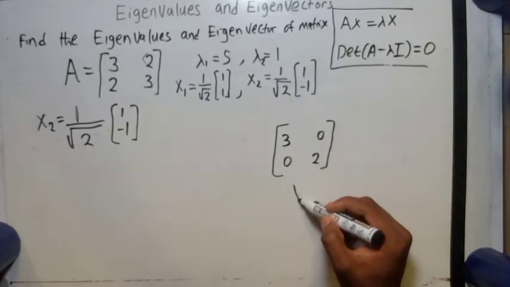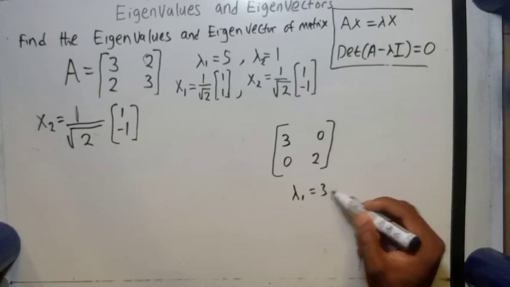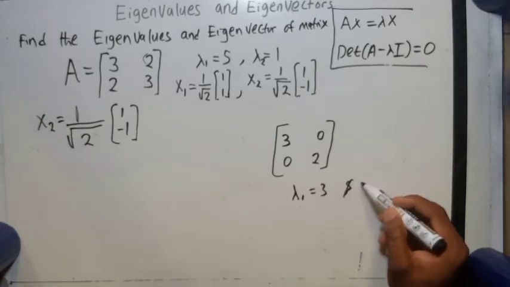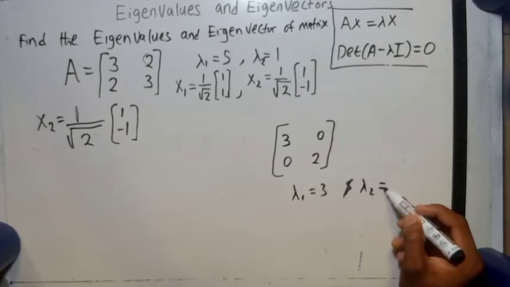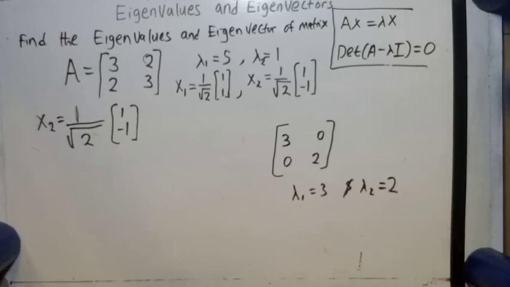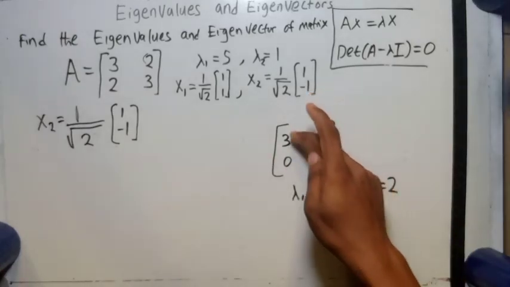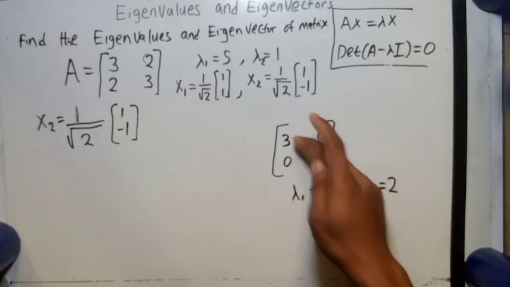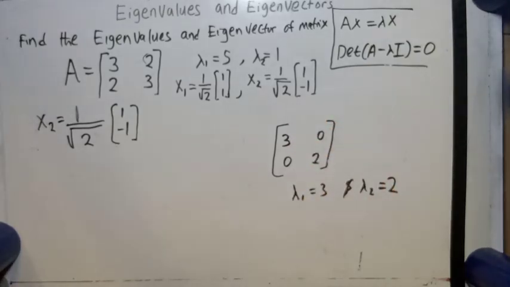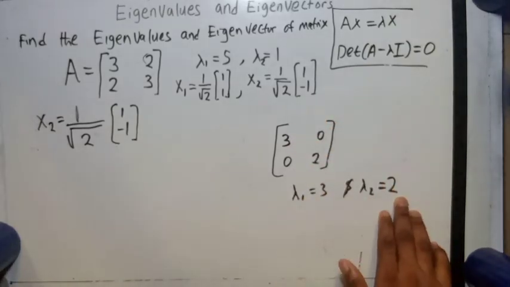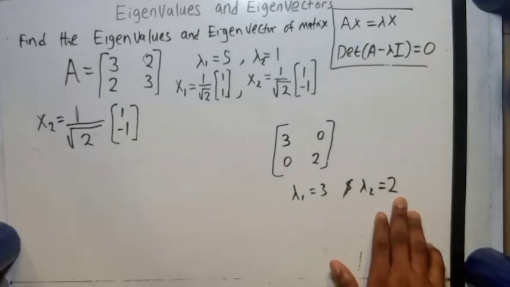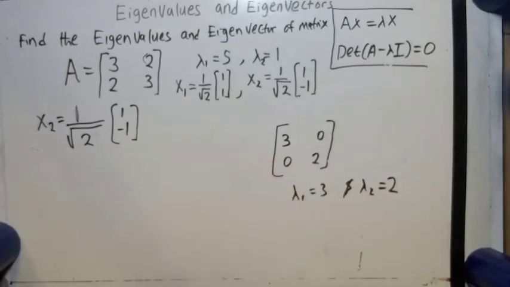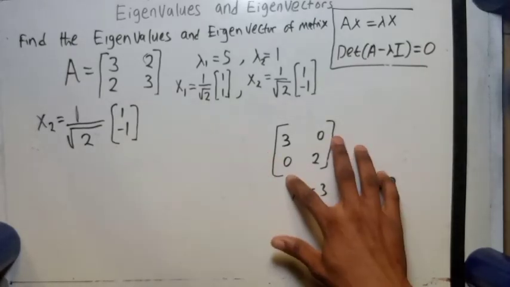Your eigenvalues here are going to be 3 and 2. So for a diagonal matrix, the elements in the major diagonal are actually your what? Your eigenvalues. You can use this to then get to your eigenvectors. So this is one rule you need to know.